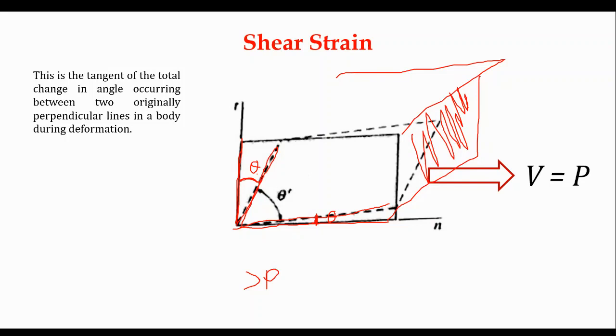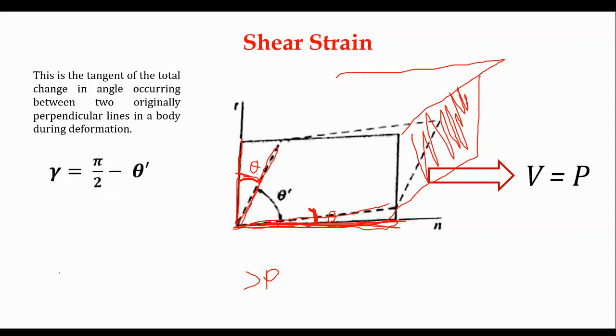The shear strain is the deviation from your reference axis, so since this is your reference axis, a straight line, the angle or movement from it is considered shear strain.